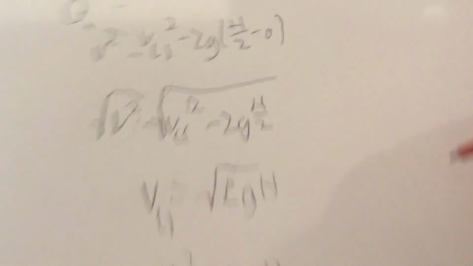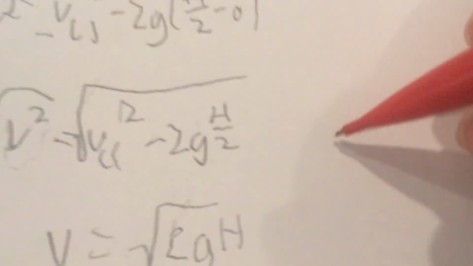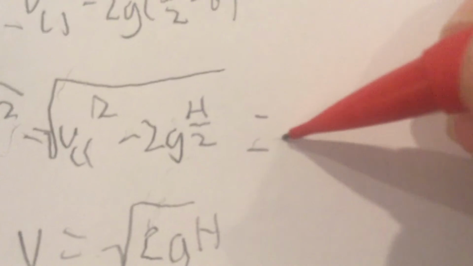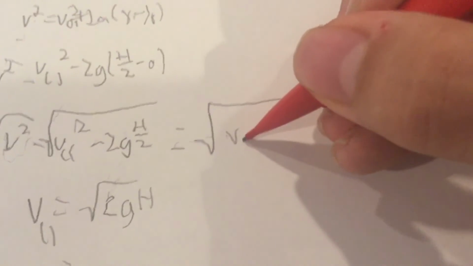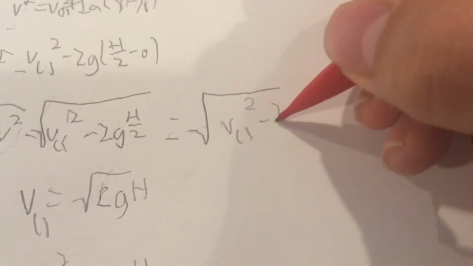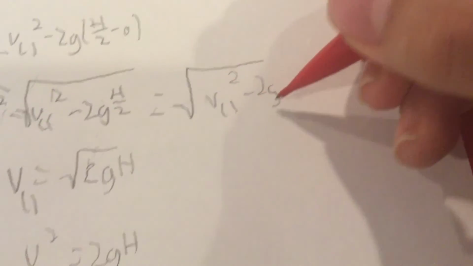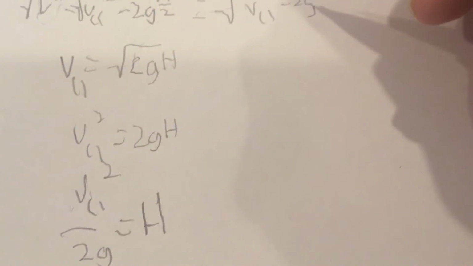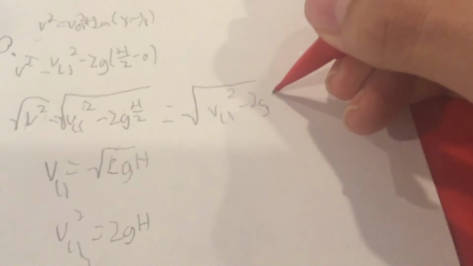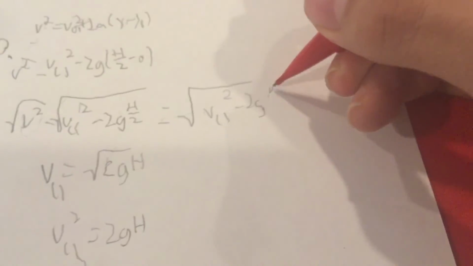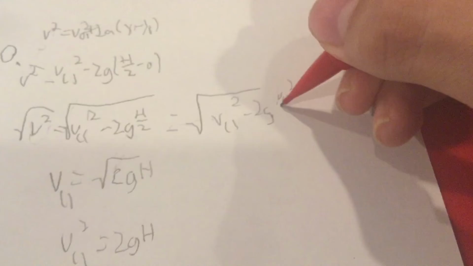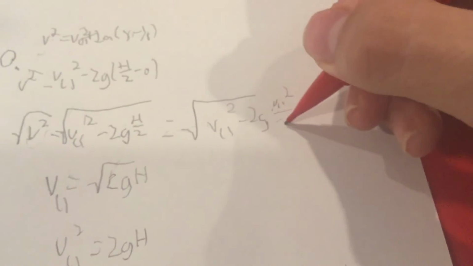So we can plug that back into the equation above here, and we'll have this equal to v naught squared minus 2g, and h is equal to v naught squared over 2g. So v naught squared over 4g.